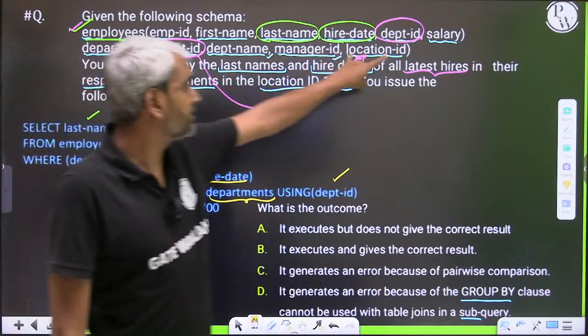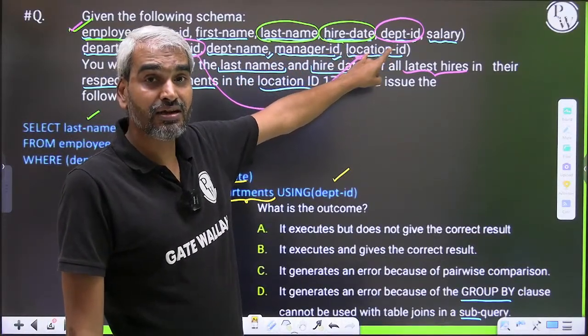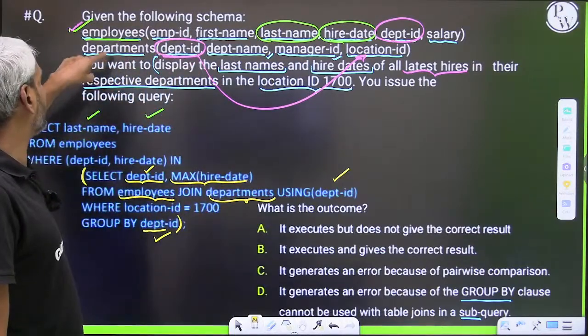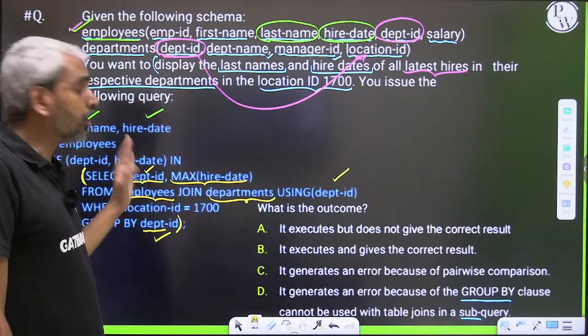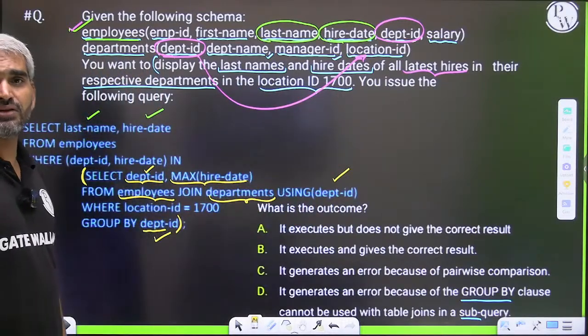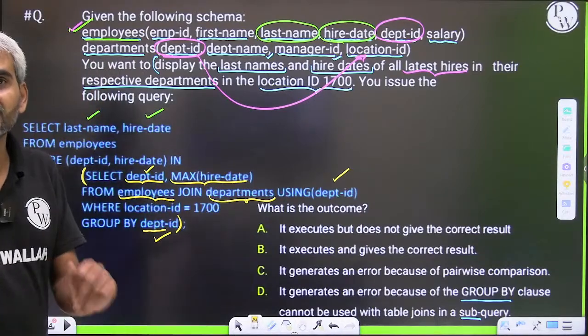Either you can first select the departments based on location ID 1700 and then join those tuples of the department table with the employee table, or you can first join and then select the tuples in which the location ID corresponding to the department is 1700.